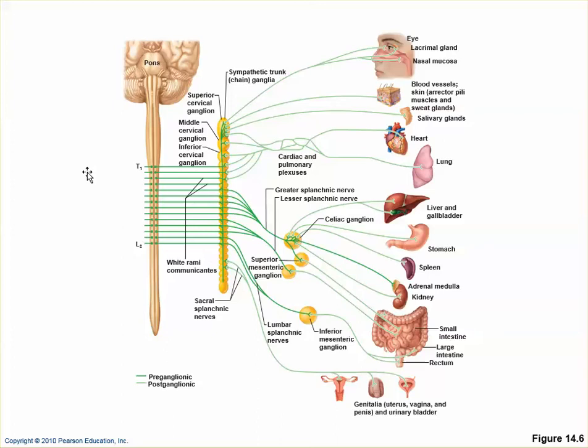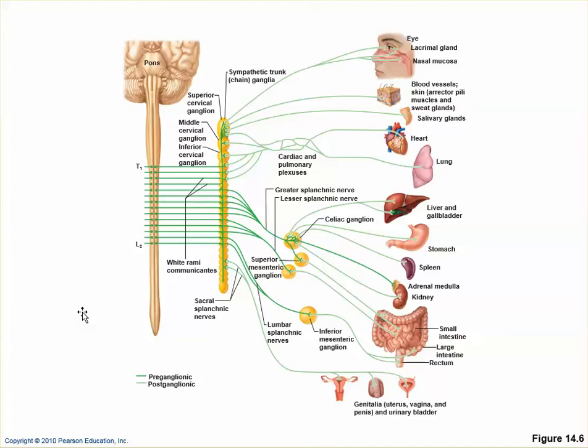Now, you will also notice that some of these bundle together and form nerves that extend out either to ganglion or directly out into organs. We call any bundle of these sympathetic nerves the splanchnic nerves.